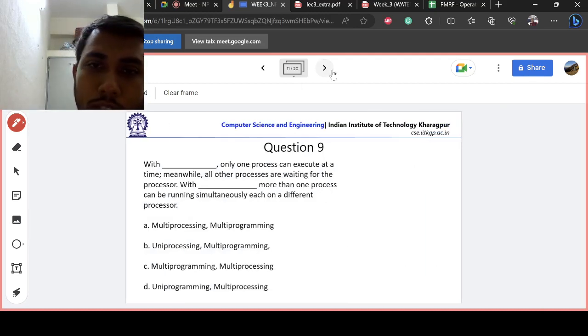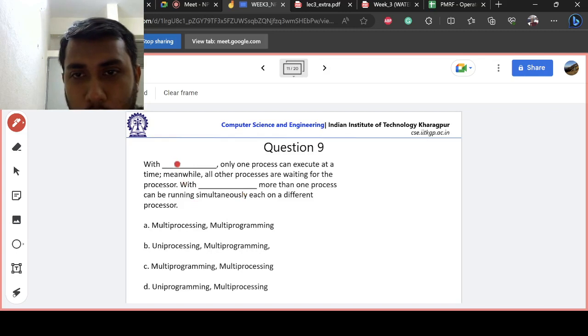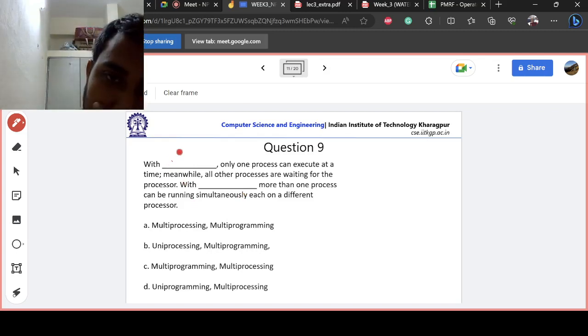Then you have a blank: only one process can execute at a time while all other processes are waiting for the processor, versus more than one process running simultaneously. So this means uniprocessor, and this is where more than one process can be running.